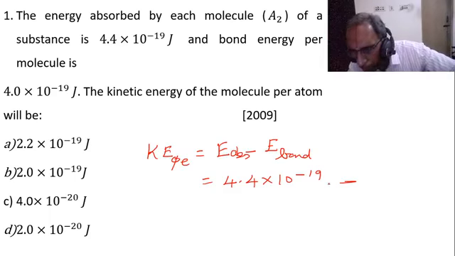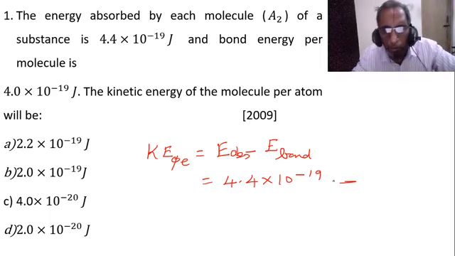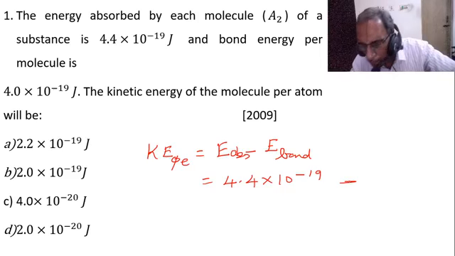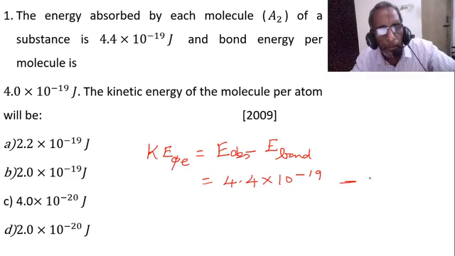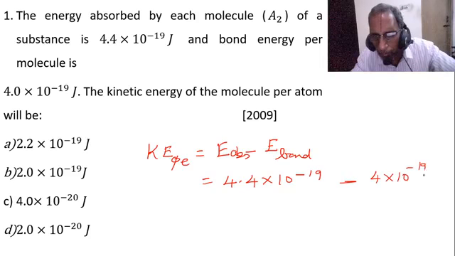The bond energy is given as 4 into 10 power minus 19. So 10 power minus 19 can be taken out.